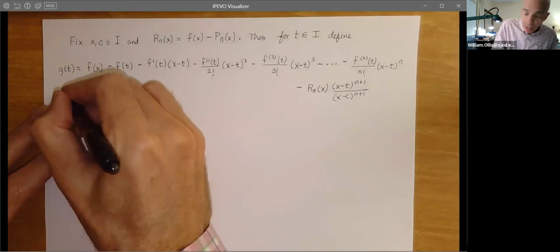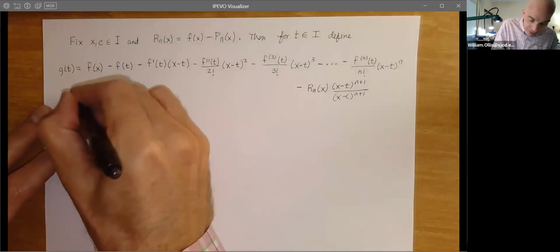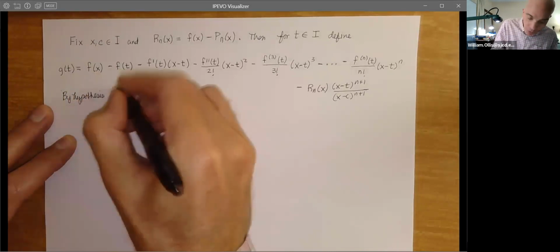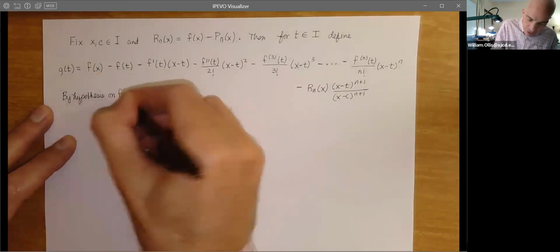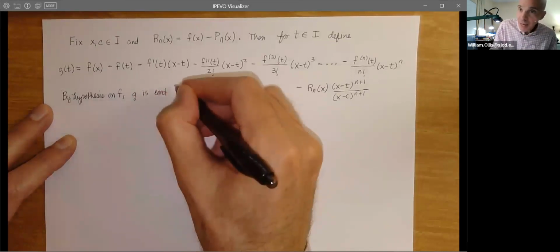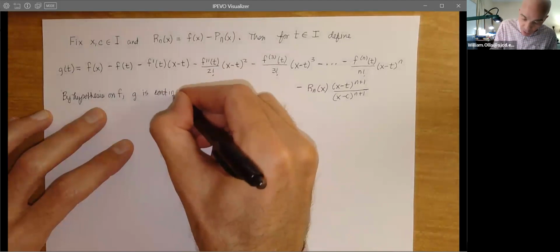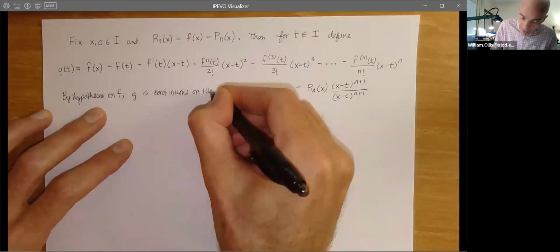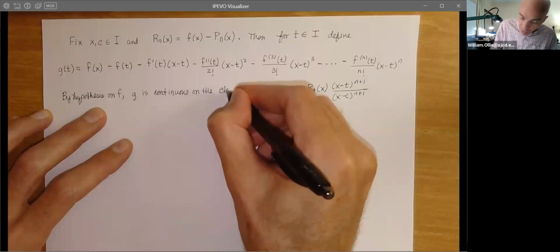Let's see, how do I want to write this? Yeah, by hypothesis on f, g is continuous. We're going to look at the x and c. G is continuous on the closed interval.